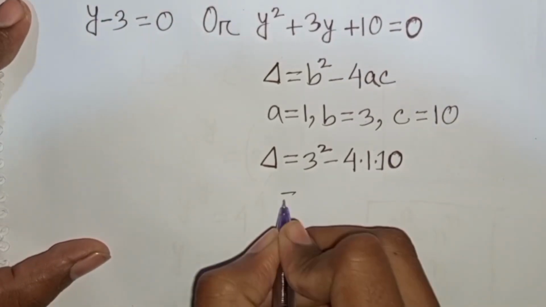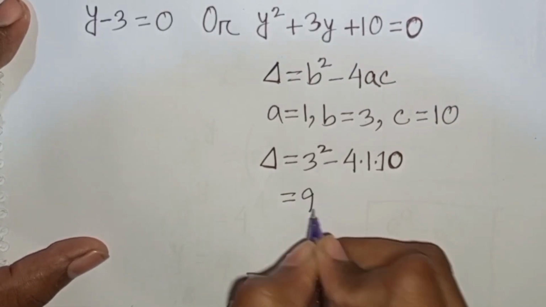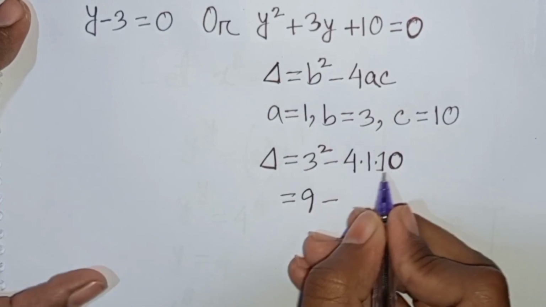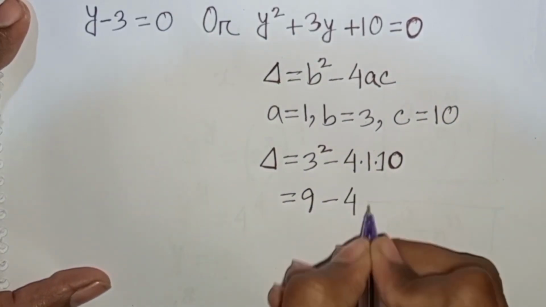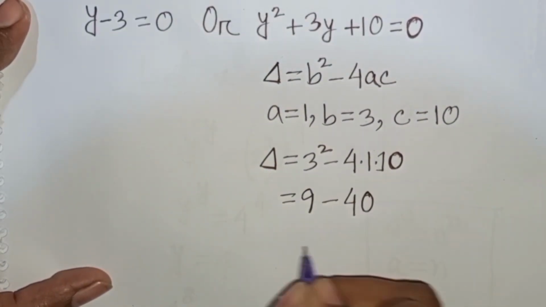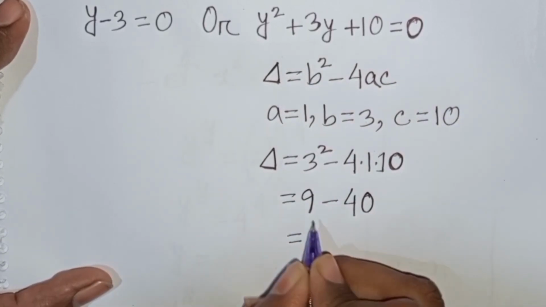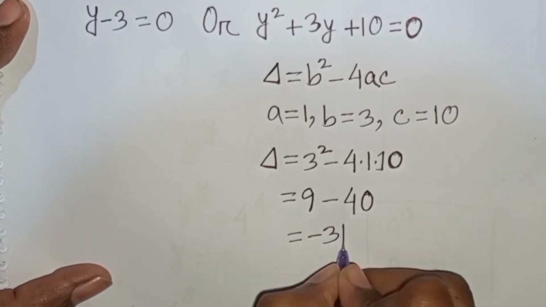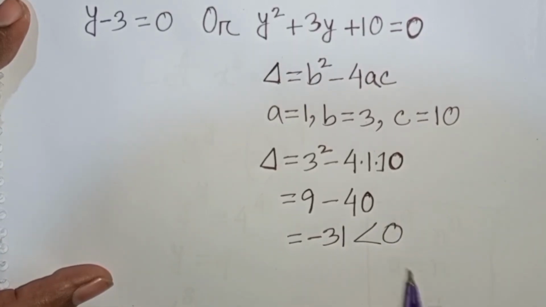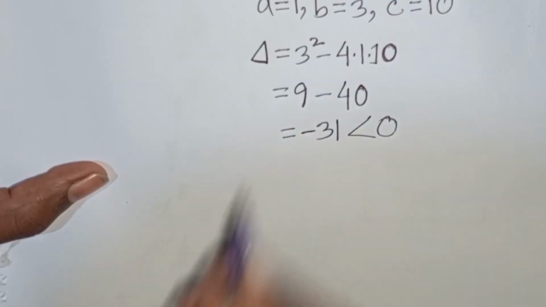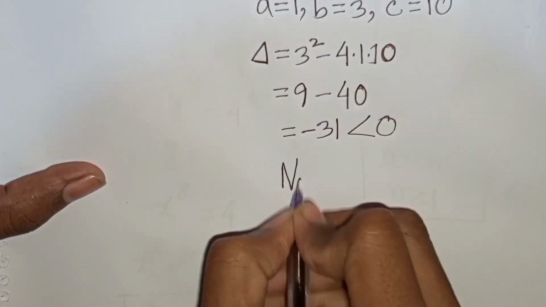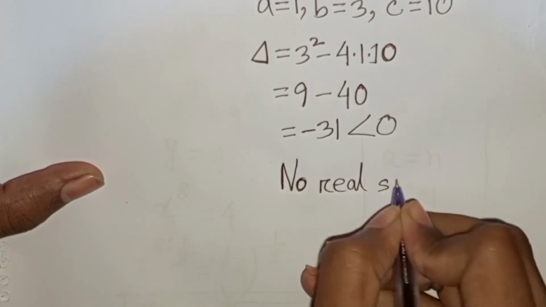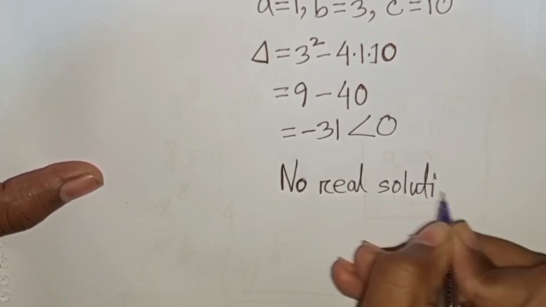Now it is equal to 3 square, the same as 9, then minus 4 times 1 times 10, that means 40, then is equal to 9 minus 40, that means minus 31. So minus 31 is less than 0. So here no real solution.